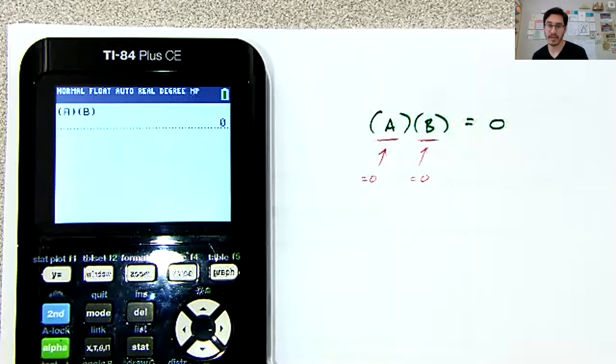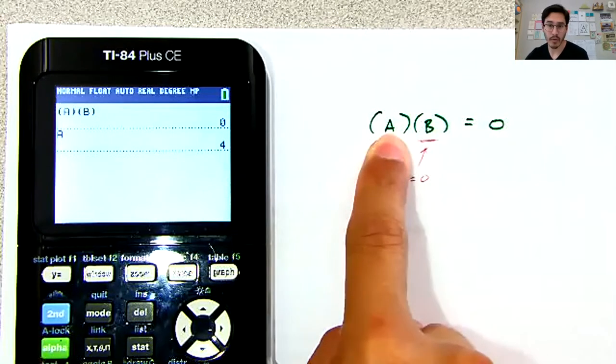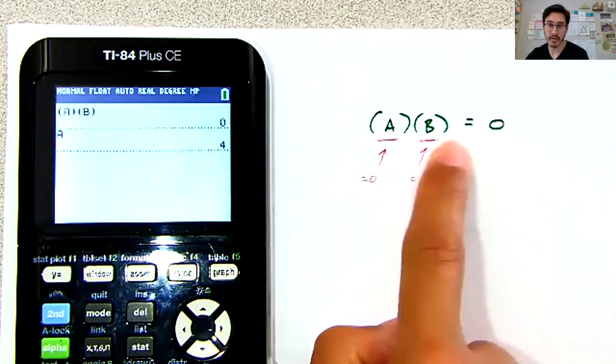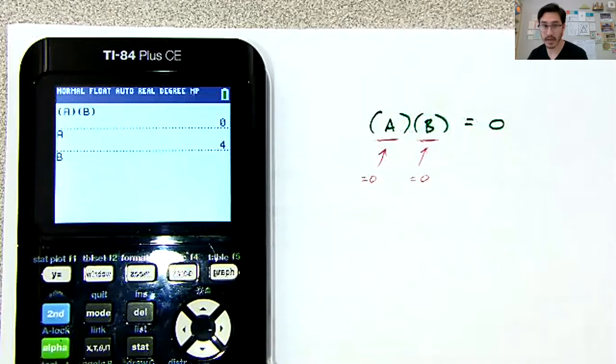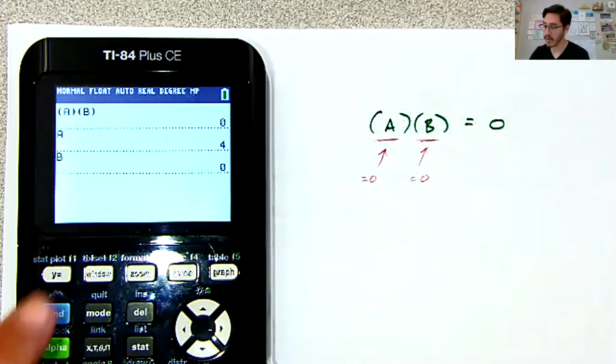But we know at least one of these numbers has to be 0. So maybe you guessed that A was 0. Well, now I'll reveal what number I saved as A. A was actually 4. Now that you know A was 4 and the product is 0, we know for sure that B has to be 0. And so here it is, B is 0.